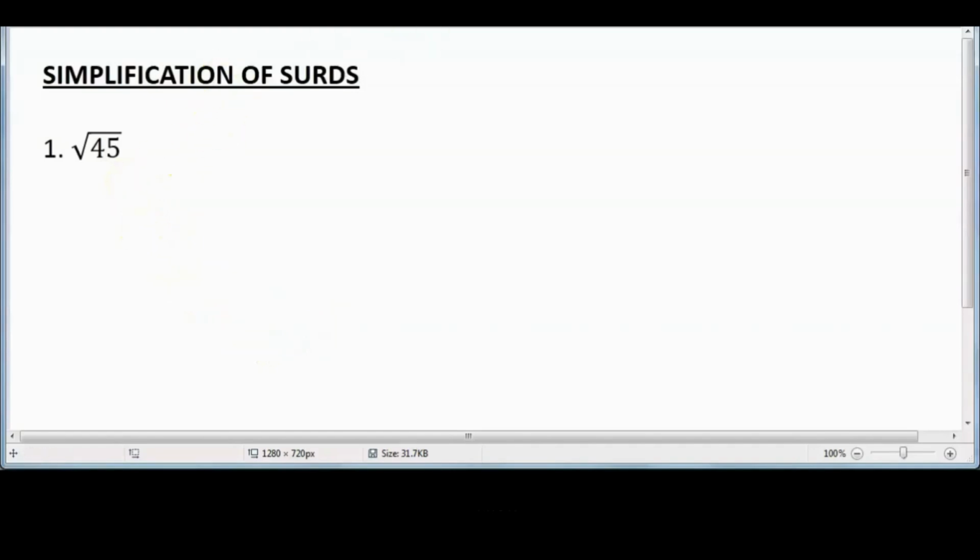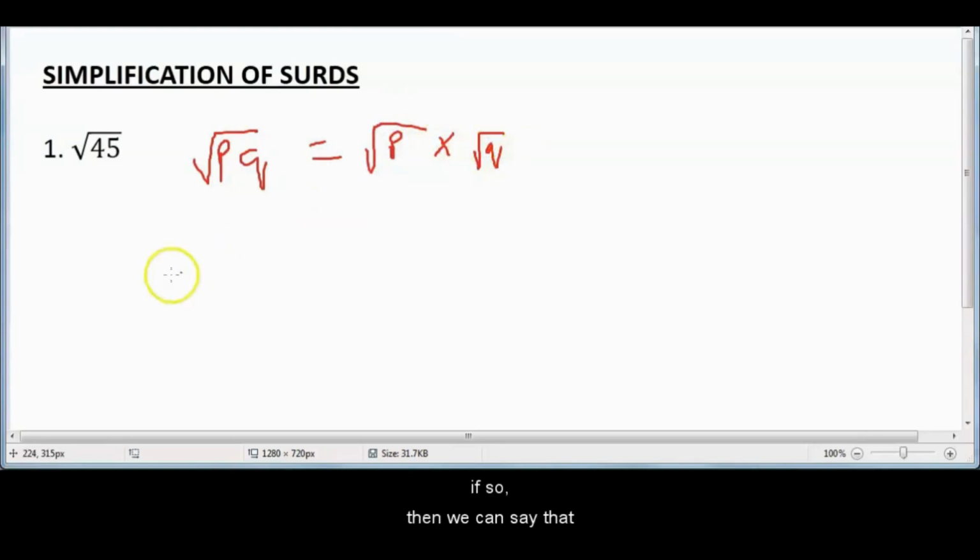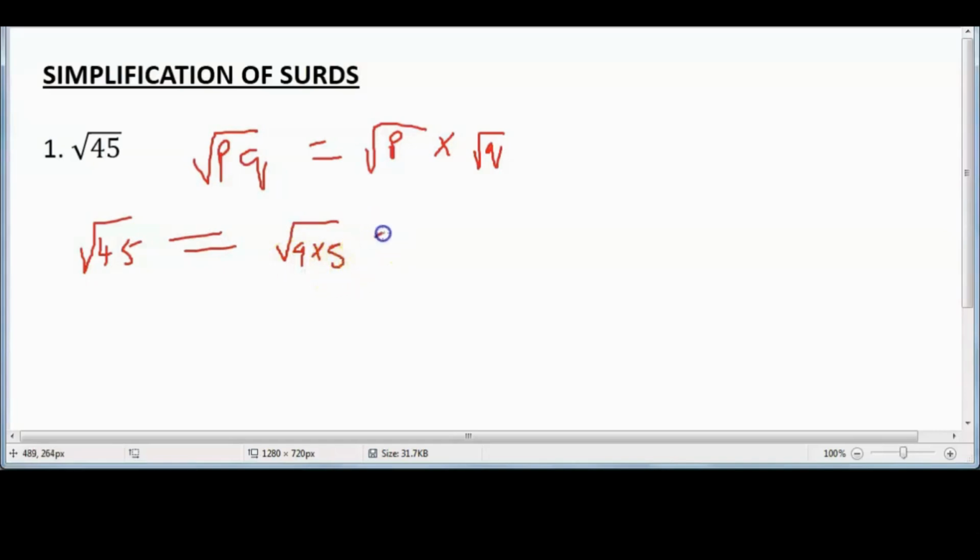We already know that root of PQ is the same thing as root of P times root Q. If so, then we can say that the square root of 45 can be rewritten as root of 9 multiplied by 5. 9 times 5 is 45, which can then be rewritten as root of 9 times root 5.